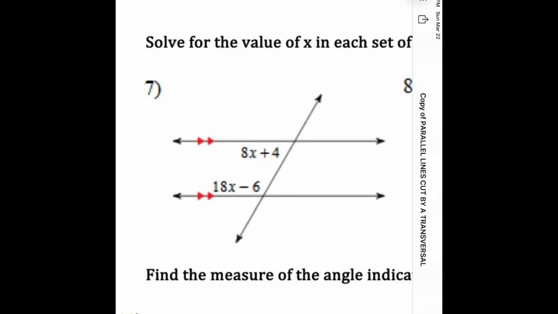Same side interior. If you did not get same side interior, you have your two parallel lines. That's what these little arrows mean, that these two lines are parallel to each other. You've got your transversal, and both angles are on the inside. Well, if both are on the inside, we're dealing with interior.